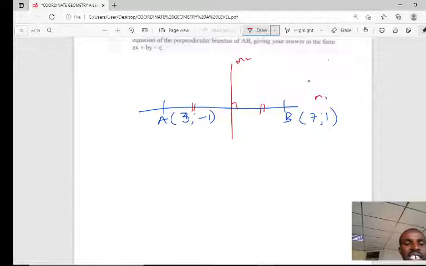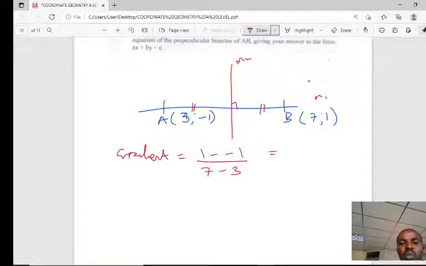Gradient is equal to y2, which is 1, minus y1, which is -1, over x2, which is 7, minus x1, which is 3. Simplifying, it will be 1 plus 1, 2, over 7 minus 3, which is 4. So simplifying this one, you get half.